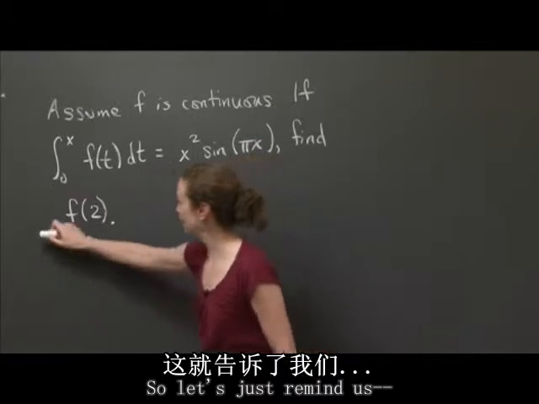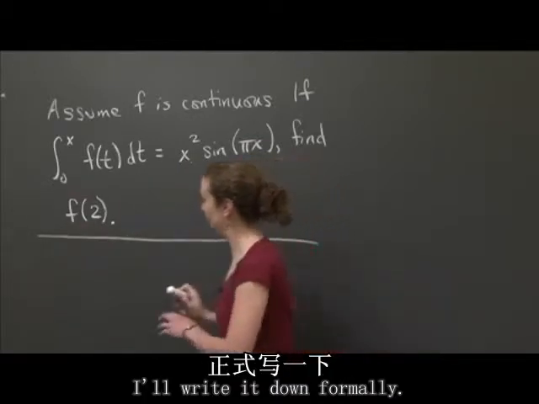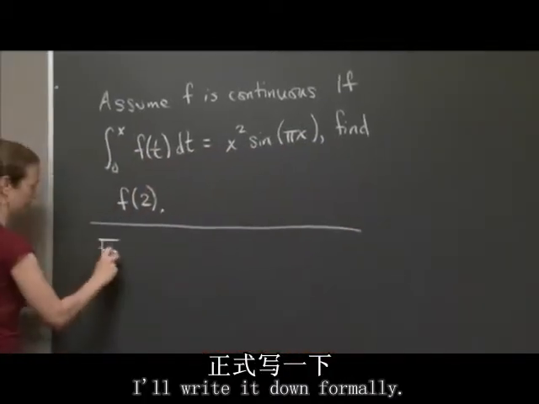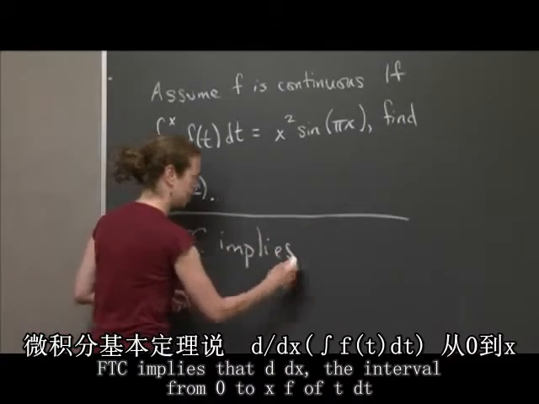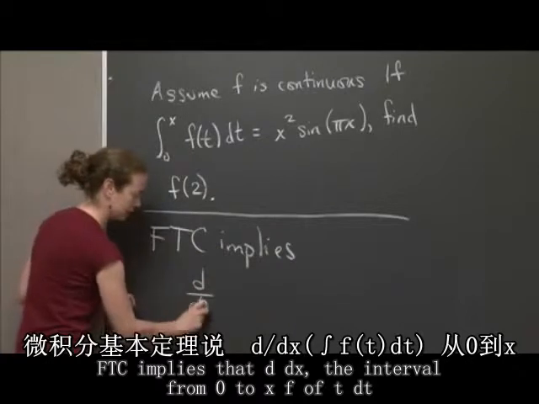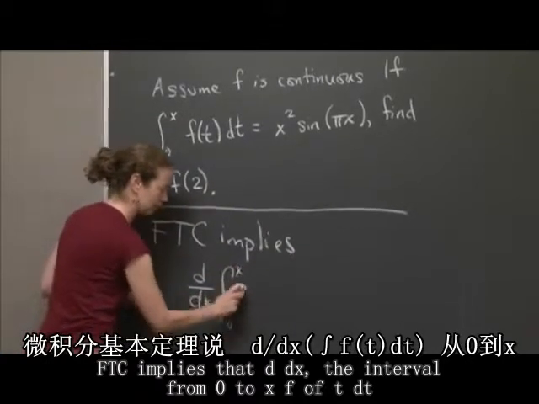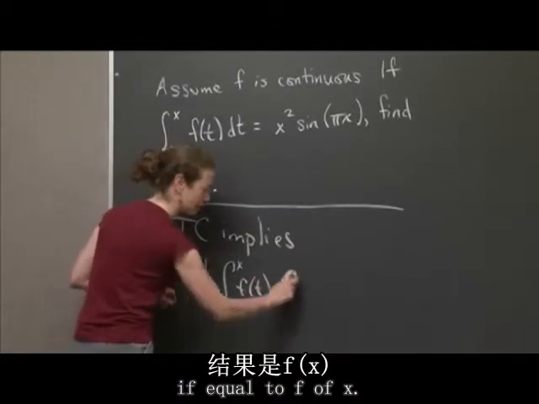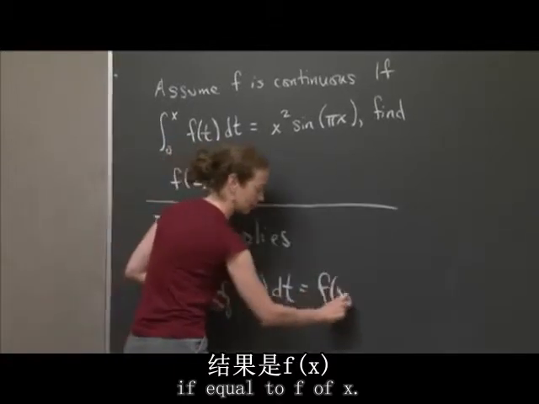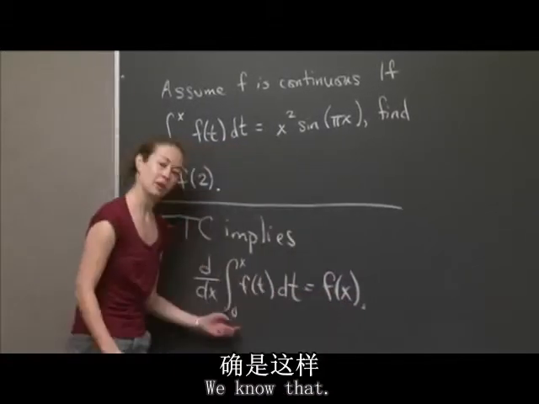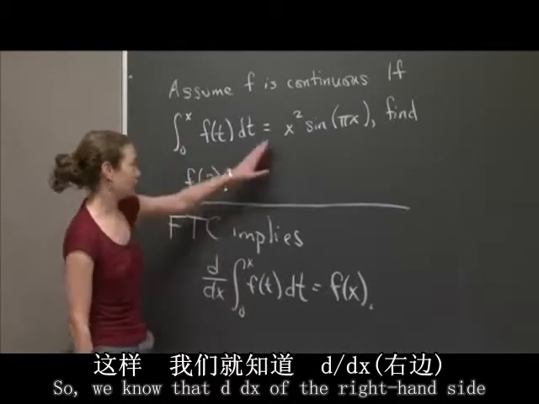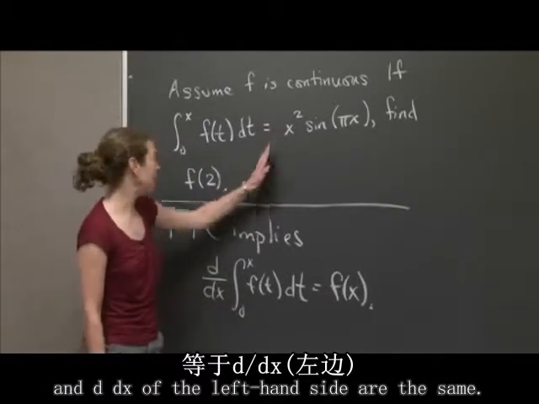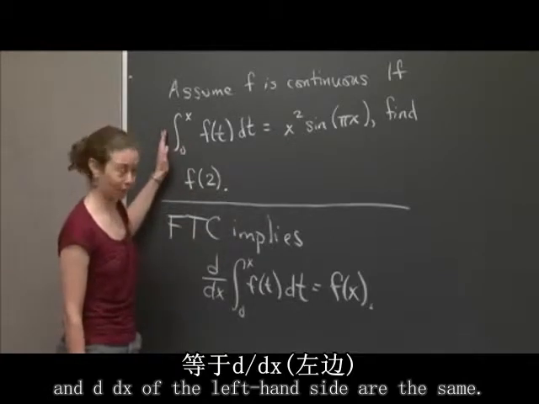Let me remind us, I'll write it down formally. FTC implies that d dx of the integral from 0 to x of f of t dt is equal to f of x. We know that. So d dx of the left-hand side and d dx of the right-hand side are the same.